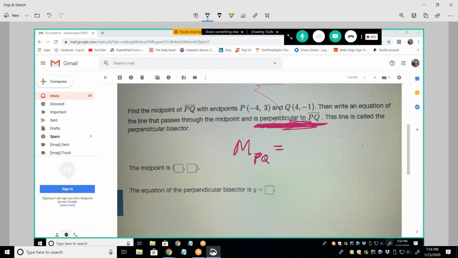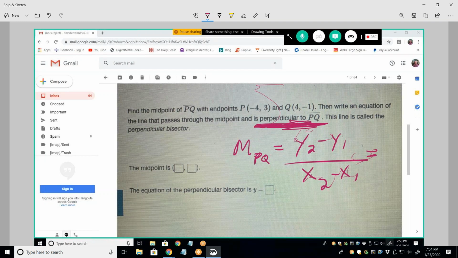0 over 1. No. Okay, the rise is defined as y sub 2 minus y sub 1. Difference in the y coordinate. Divided by x sub 2 minus x sub 1, which is the difference in the x coordinate. So what does this work out to be?